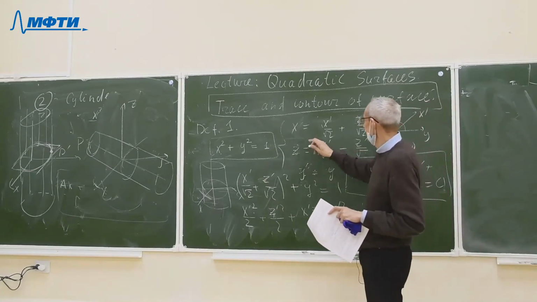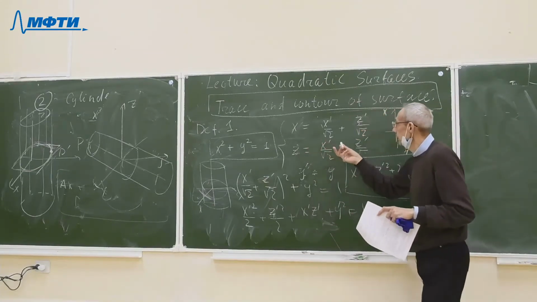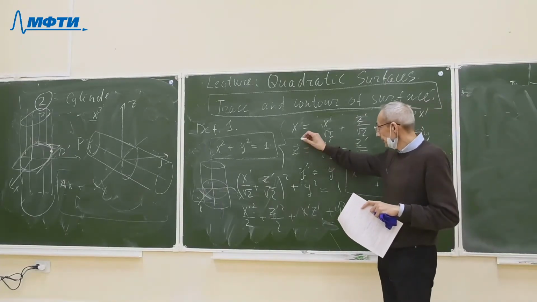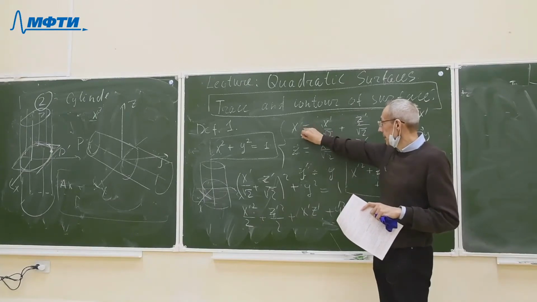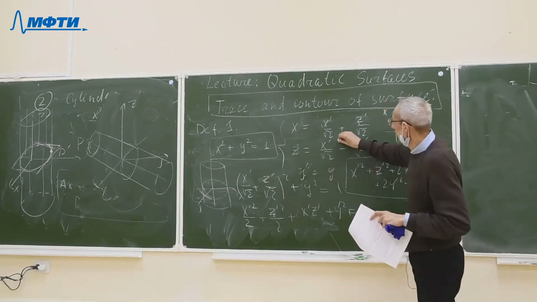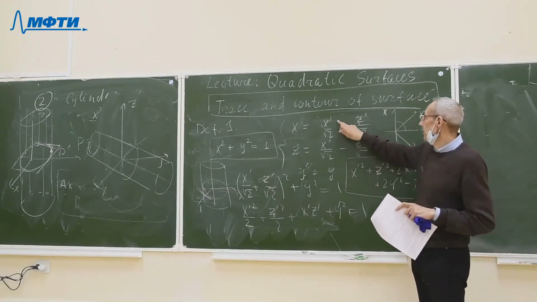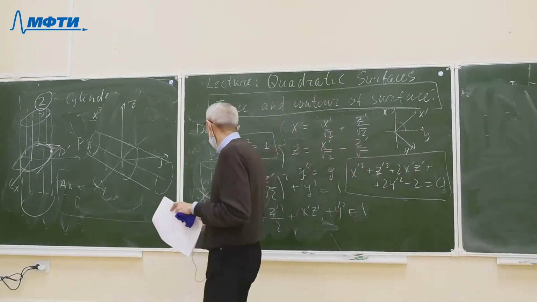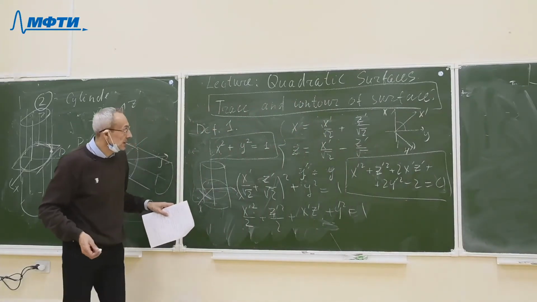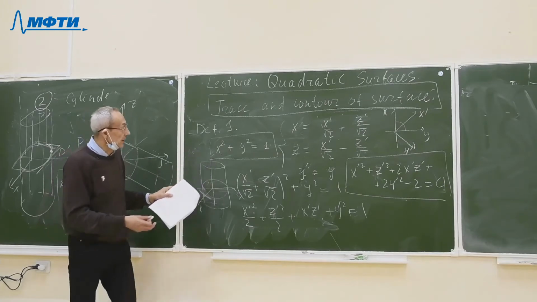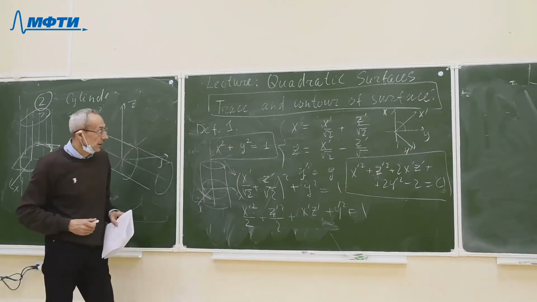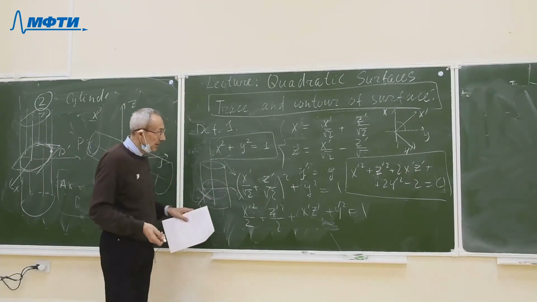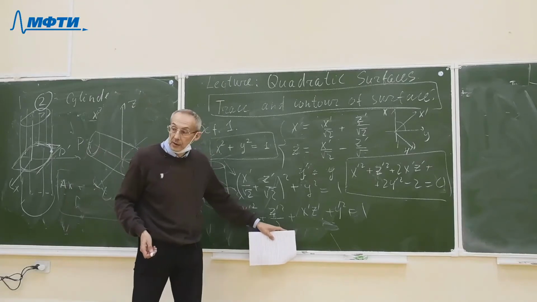And in this case, we obtain the following formulas which express the old coordinates x, z in terms of the new coordinates x prime, z prime. And in the new coordinate system, we can rewrite this equation in the new form. We substitute the new coordinates in this equation, and we obtain the following equation.